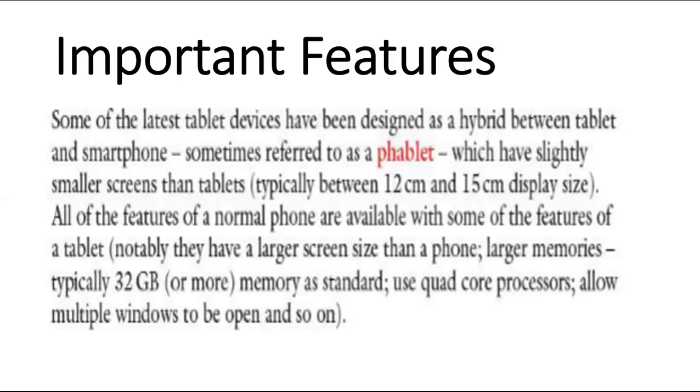And if you do not use it in this way, then you are using it just like a tablet. So it is a hybrid function of tablets, and we refer to it as a phablet. Phablet means you can use it just like a cell phone as well as just like a tablet.